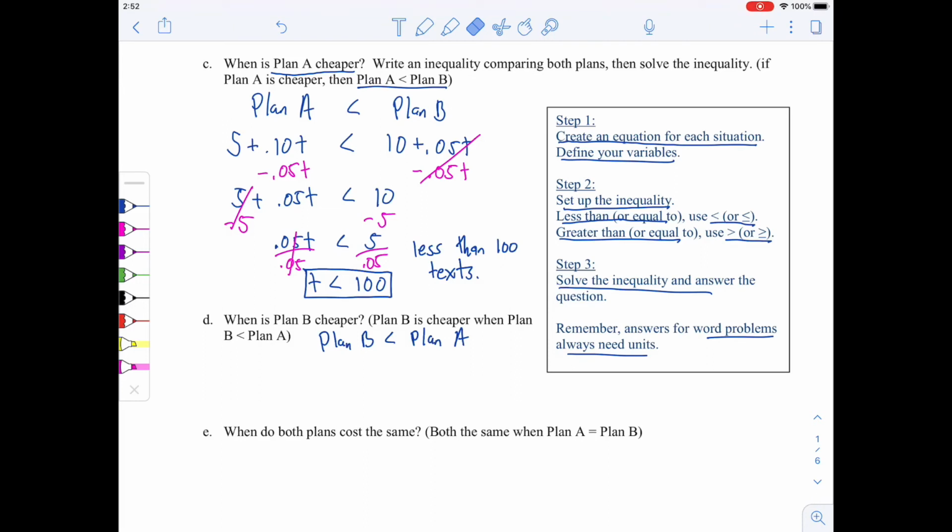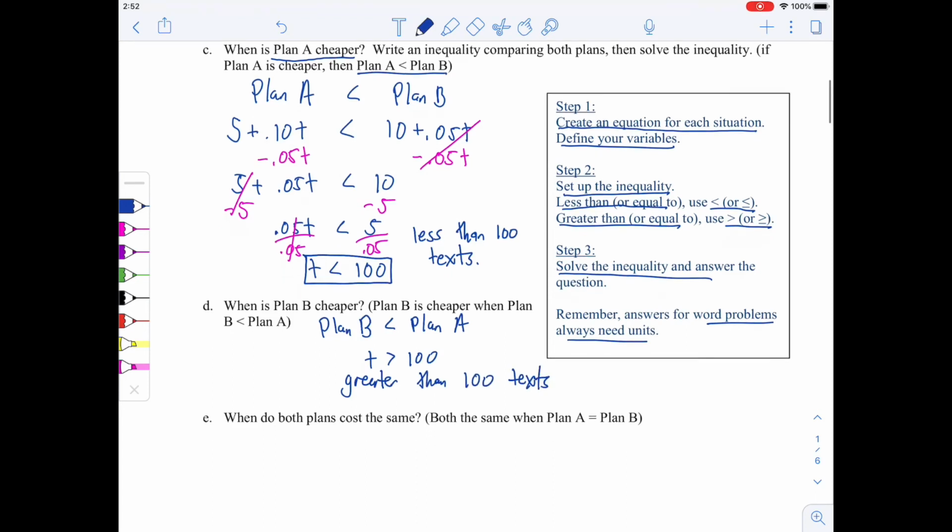So when is plan B cheaper, right? Must be the opposite, right? So plan B is cheaper when you use more than 100 texts. So when text is greater than 100. Greater than 100 texts.